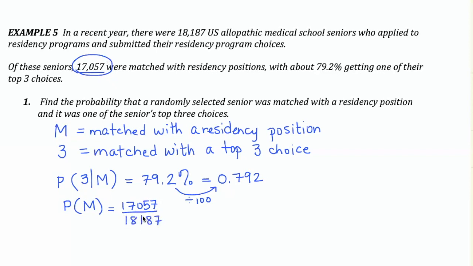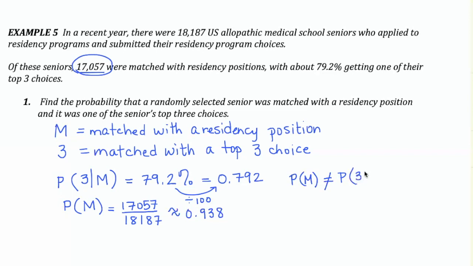So if you divide those numbers out, you get the probability of being matched at all to be approximately 0.938.